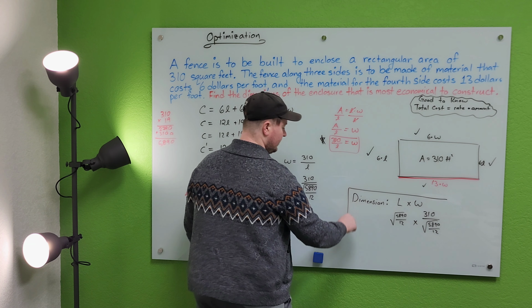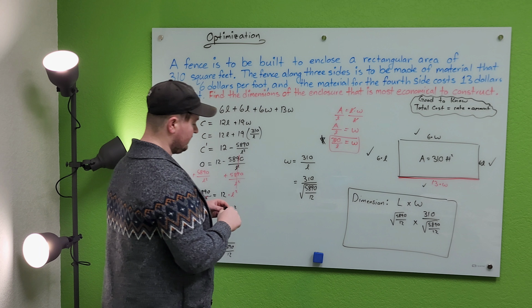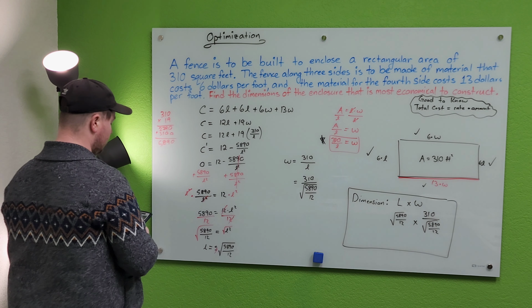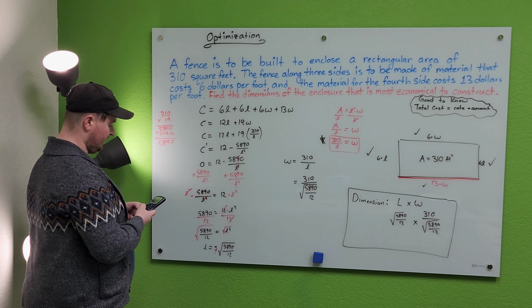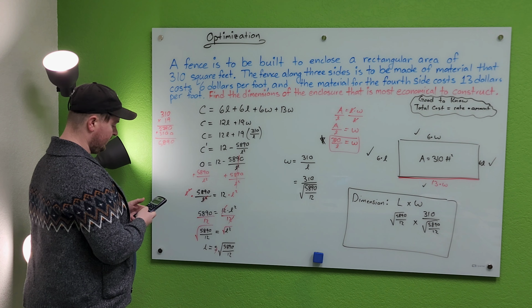So this would be a totally valid, exact answer to this question. But like I said, for fun, we'll go ahead and find the approximation of the length and the approximation of the width so we have a better idea of what we're working with here.